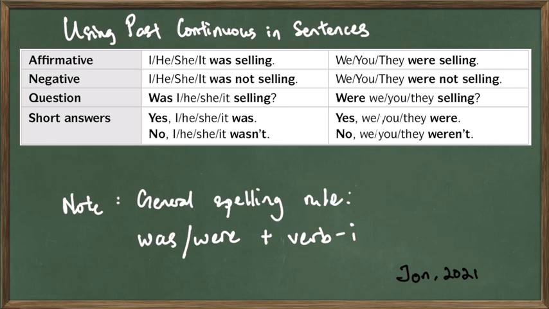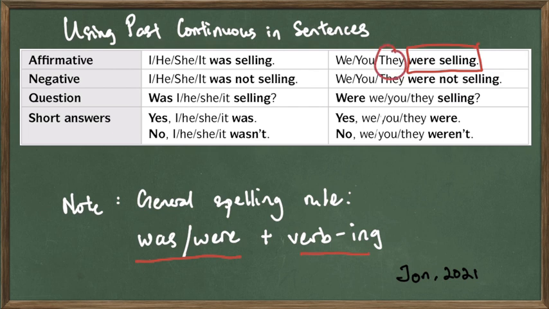The general spelling rule for using the past continuous is basically you either use was or were depending on your subject, if it's a singular or a plural subject. So you'll be using was and were, followed by the verb ing. If you look at the example here, were selling, because this is the plural subject.